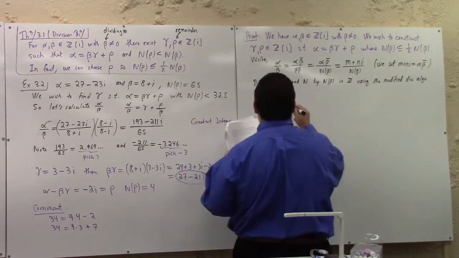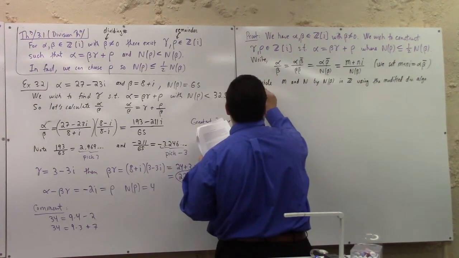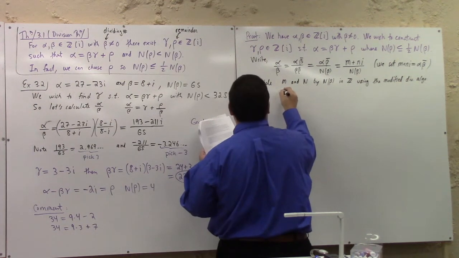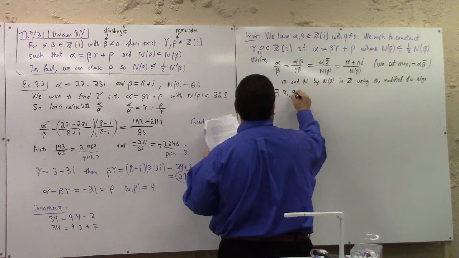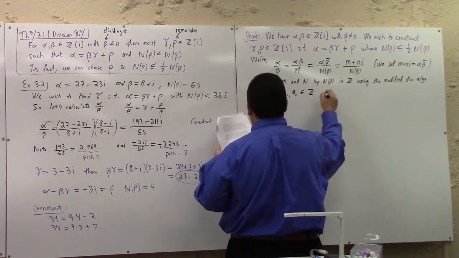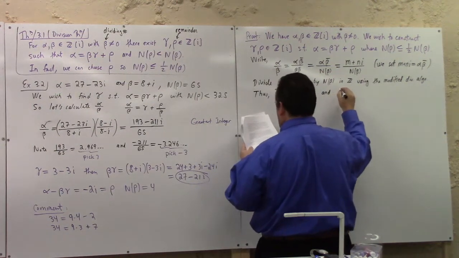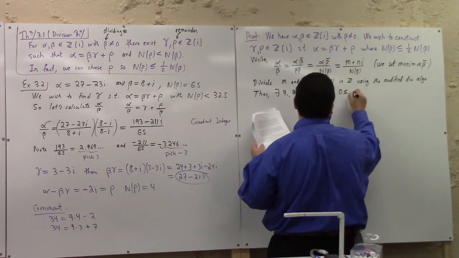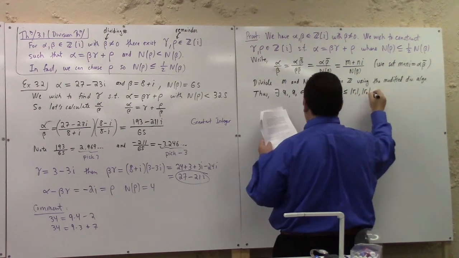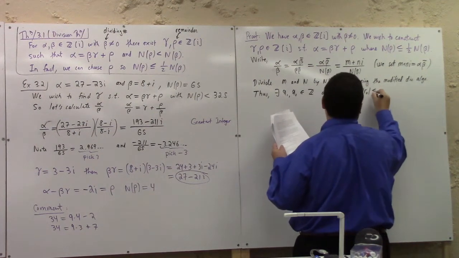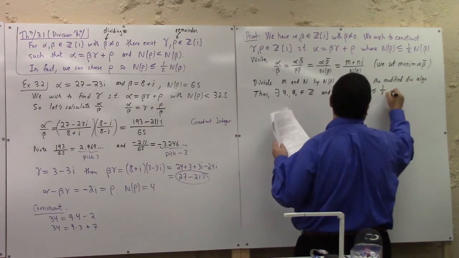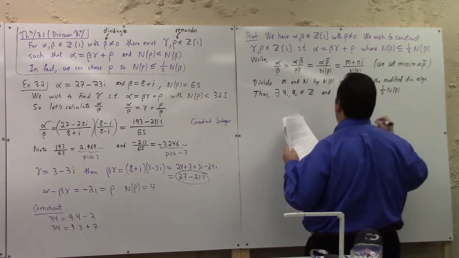All right, and write thus, there exist q1 and q2 in Z, and 0 less than or equal to the norm of r1, norm of r2, less than 1/2 the norm of beta.